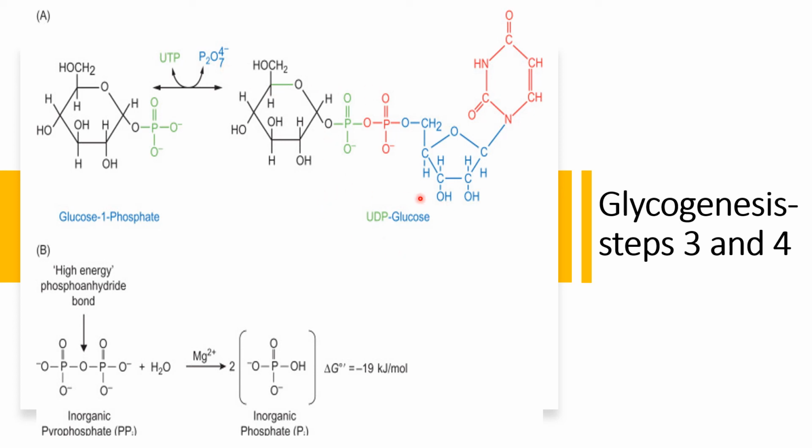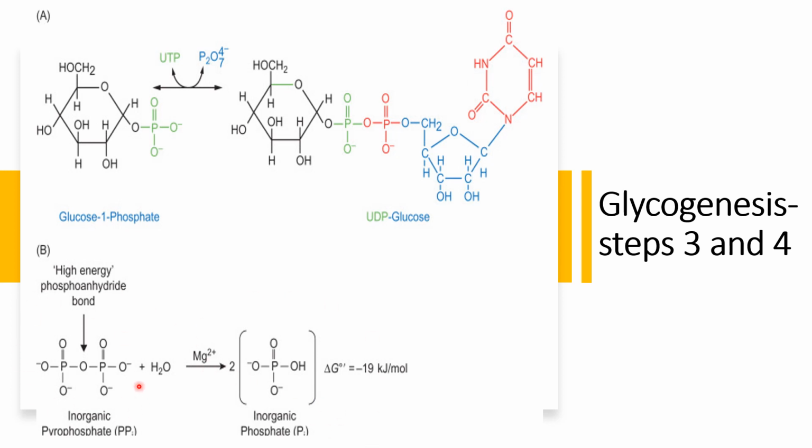That takes place in this step 3, so we take the glucose 1-phosphate, shown here, and uridine triphosphate, or UTP, in the presence of an enzyme known as UDP glucose phosphorylase, and create UDP glucose and the phosphate right here.